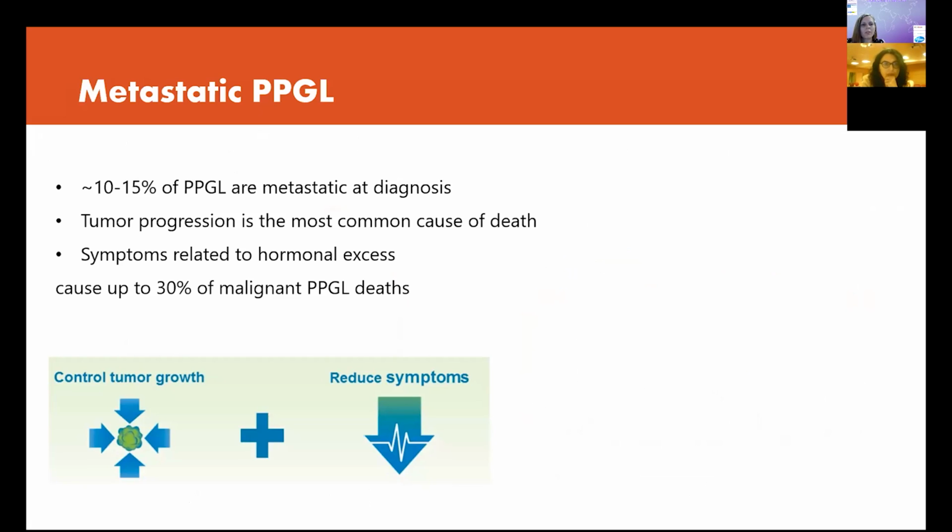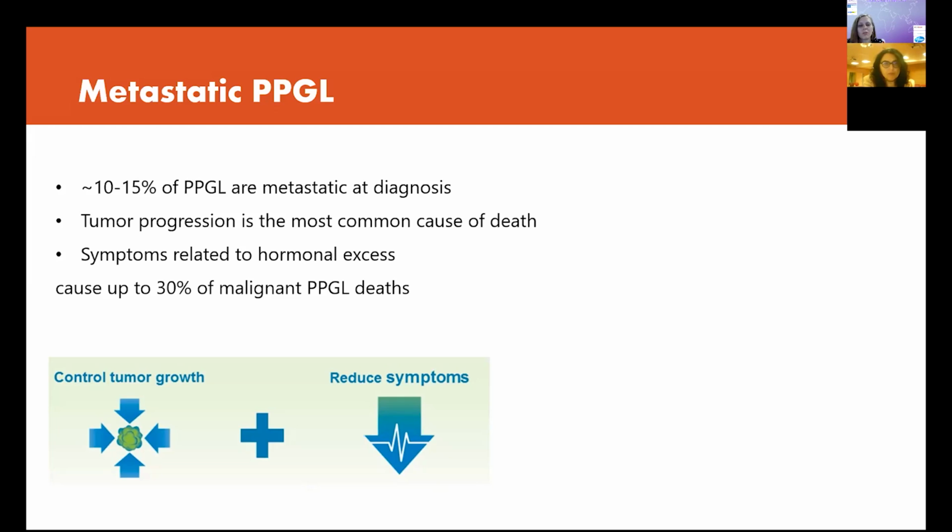In a smaller percentage of cases, but still a very important group, are those patients that are diagnosed with already metastatic disease. So unresectable pheochromocytomas usually occur in 10 to 15% of patients at the time of diagnosis. Tumor progression is usually the most common cause of death, and also the symptoms related to hormonal excess cause up to 30% of malignant PPGL deaths.